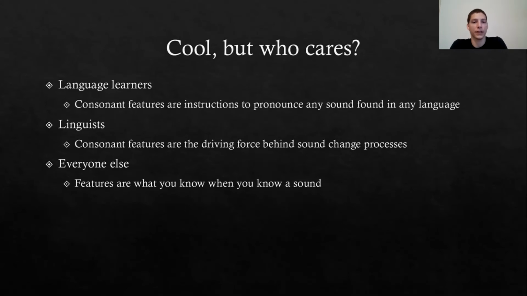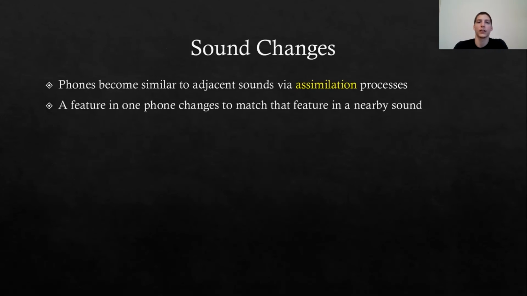So I'm going to show you a bit of what effect these features have in a second, right? So these again come into play for sound changes, and the clearest example of features being important is in assimilation processes where one phone becomes similar to another phone because they're nearby.